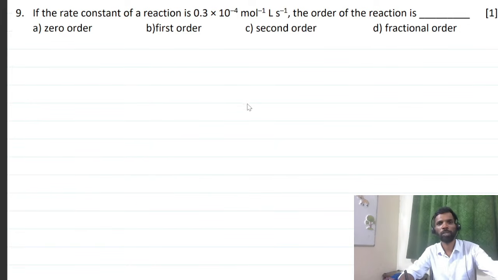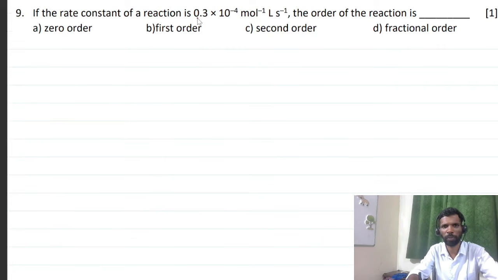If the rate constant of the reaction is 0.3 into 10 raised to minus 4 per mole liter per second, the order of the reaction. So over here, the question is asked for the order of the reaction. They have given some value and also the unit. Now, it's obvious we can find the order of the reaction by looking at the units of the rate constant.